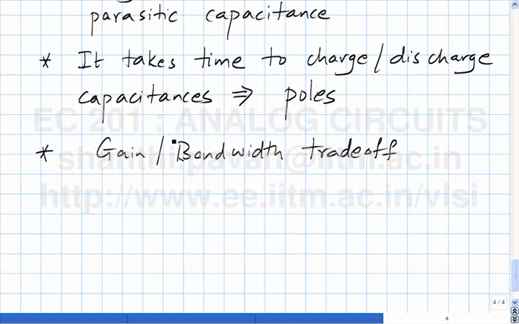So if you cascade amplifiers, you certainly end up with a large DC gain, because the DC gain will be simply the product of the DC gains of the individual stages.